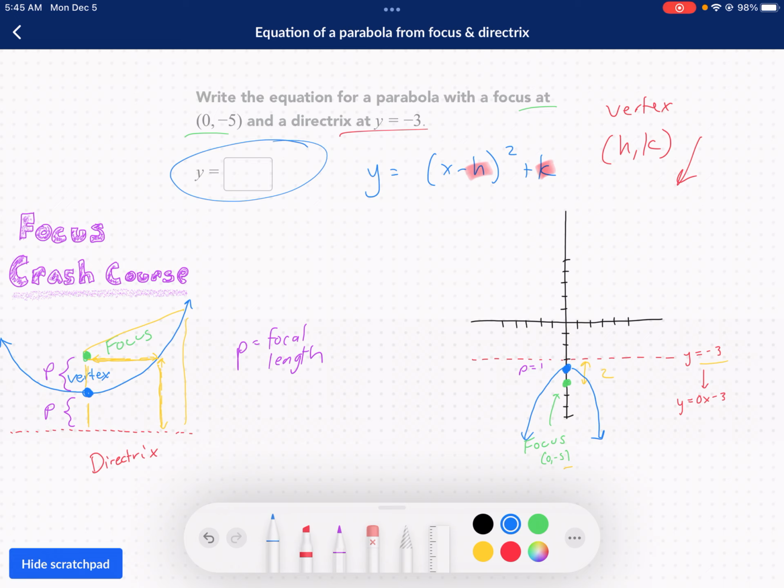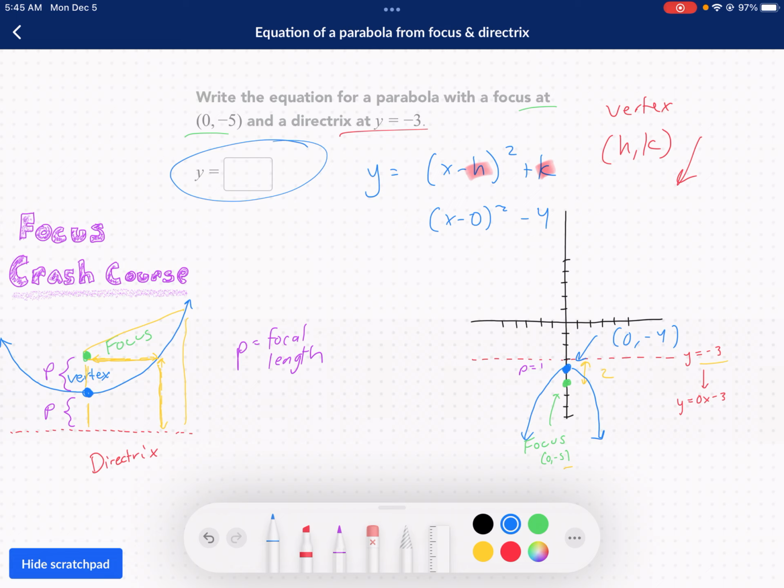I know what point that is. It's right there. My vertex is 0, -4. So I can go ahead and fill that in: x minus 0, squared, and then -4. That's the form. If you know vertex form, I have videos on vertex form if you want to watch them, but that's the basic bottom line for that.